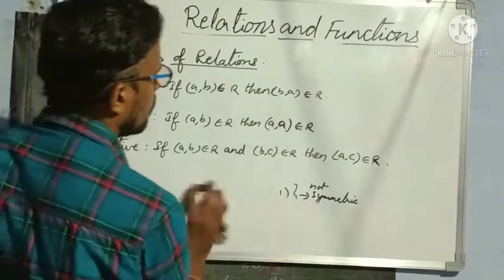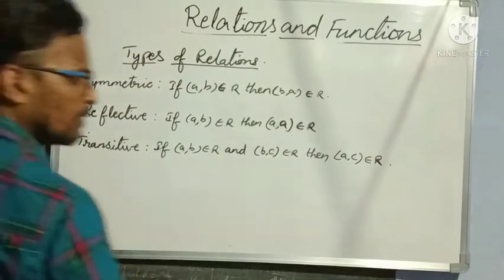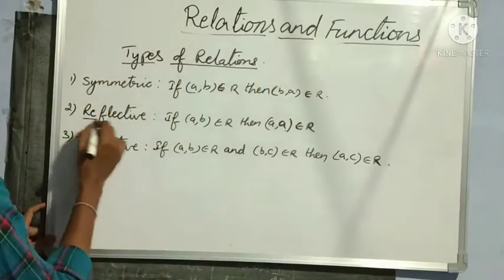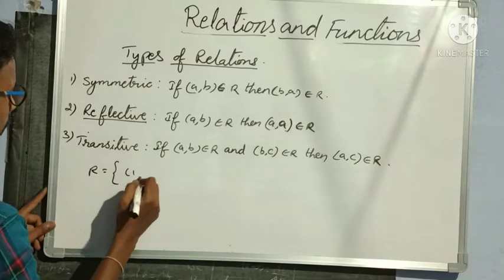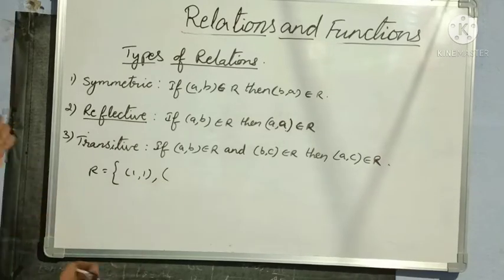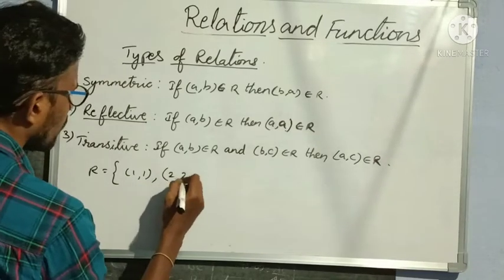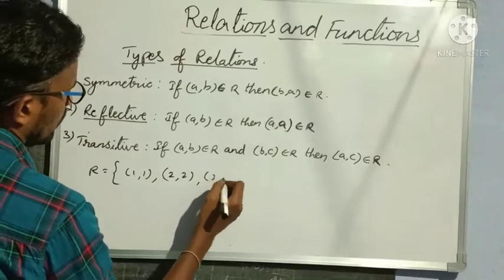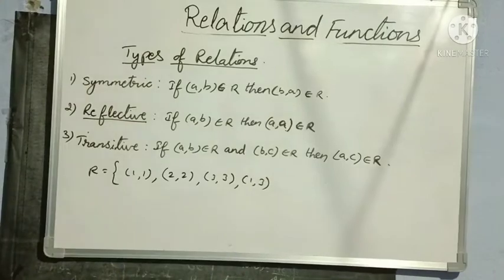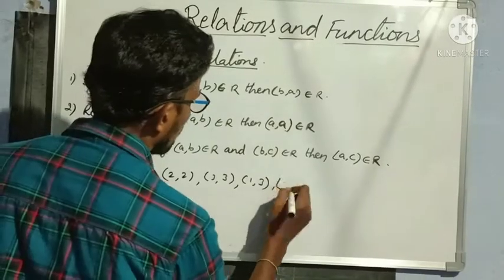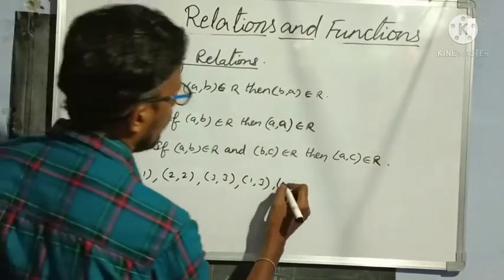So what is a reflexive relation? Second one, reflexive relation. For that I am taking the example (1, 1), (2, 2), (3, 3), (1, 3), (2, 6).